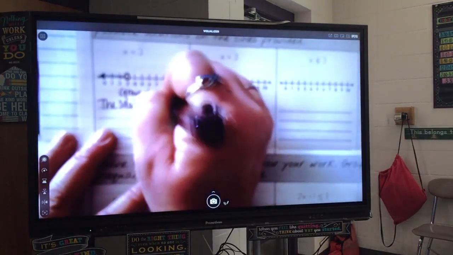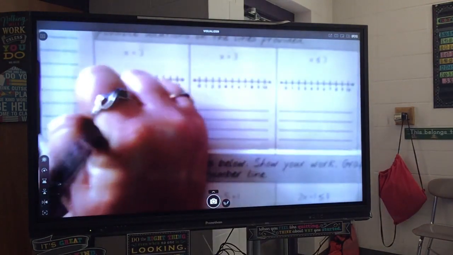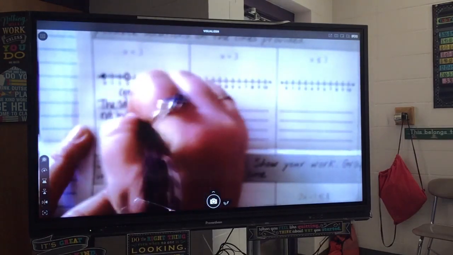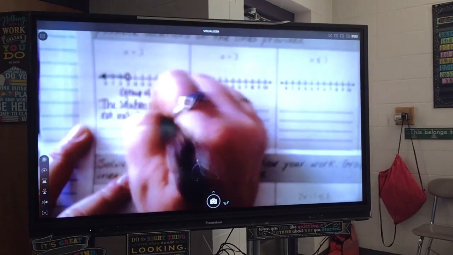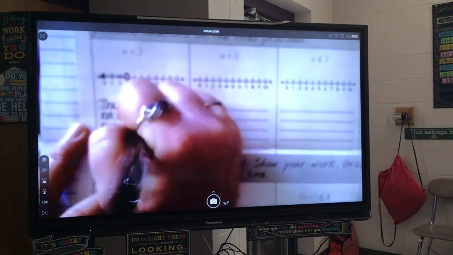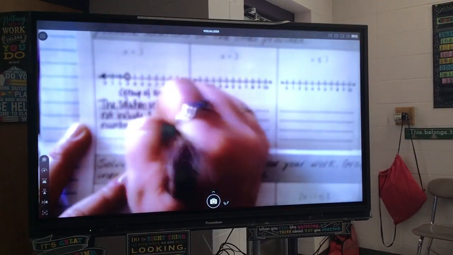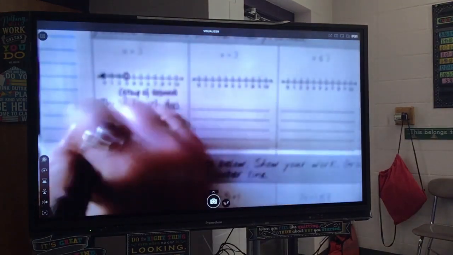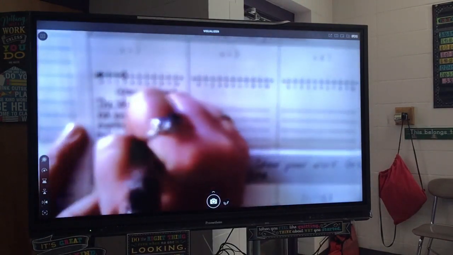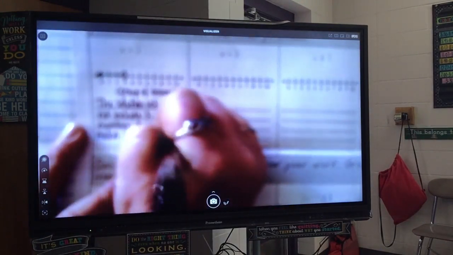Does not include 3. Any number 2 or below makes the statement true.